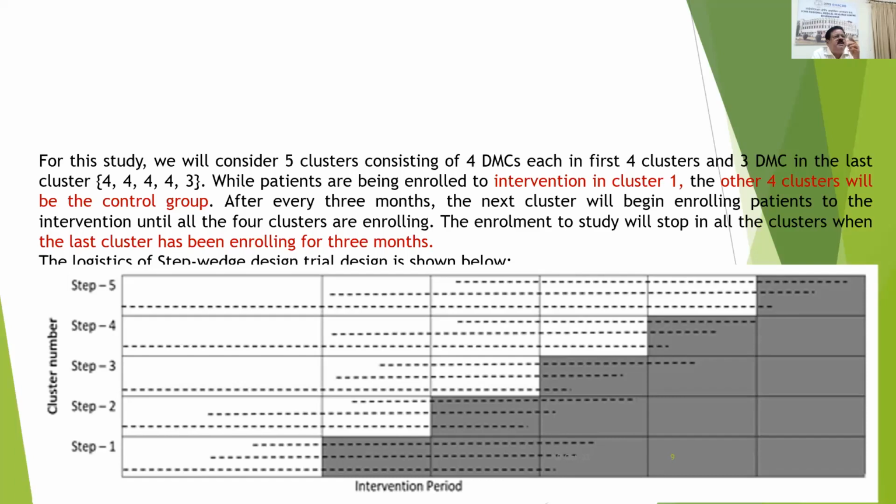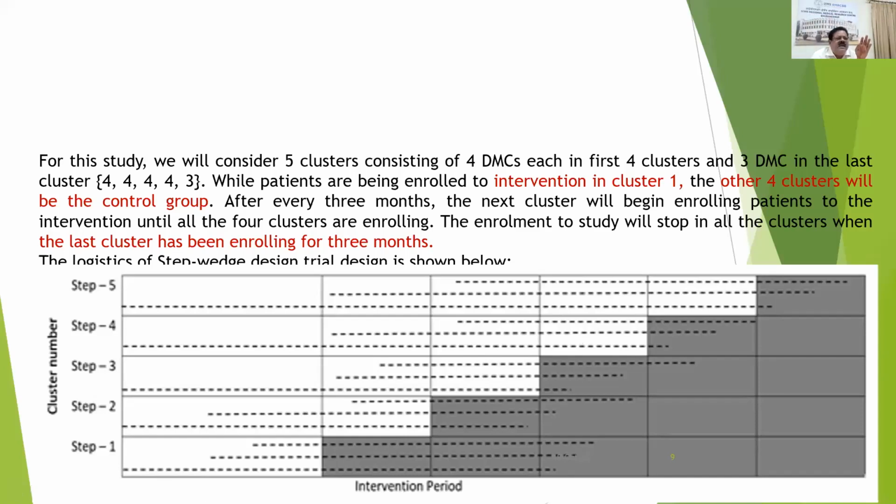So the logistics of the stepwise design trial is shown as below. You see, here I have taken step 1, step 2, step 3, step 4, and step 5. 5 steps are there. And the intervention period is 12 months, for which I have taken a division of 3 months each: 3 months, 3 months, this is a 12 months table. And in this, suppose you go to row 1, step 1. In step 1, you see the white portion is the control group.